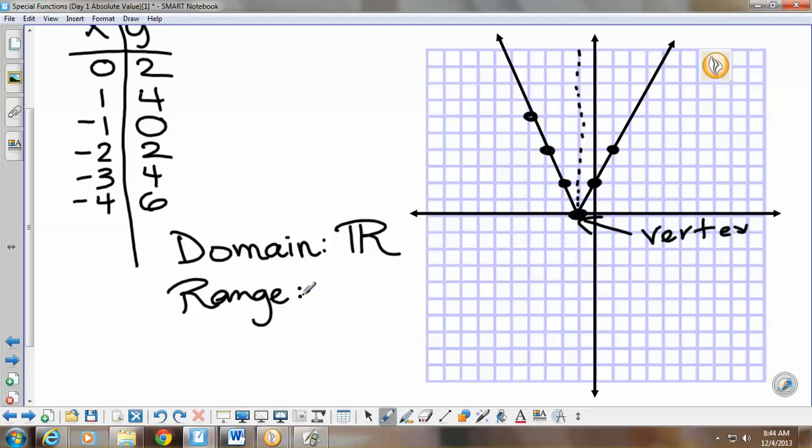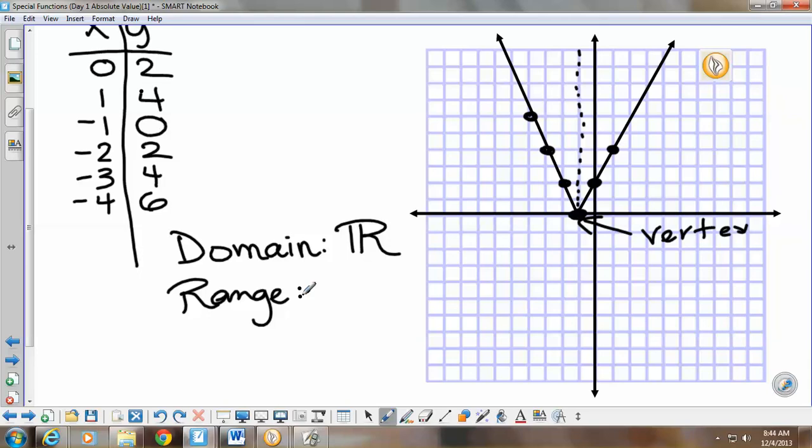Our range is our output. Let's look at our graph to help us with what numbers we could get out. Our vertex here is the lowest point on our graph. So where does that match? What is our lowest y value, I should say? -1 is not it. That's our x value. Where does it meet the y-axis? 0. Everything is 0 or higher.